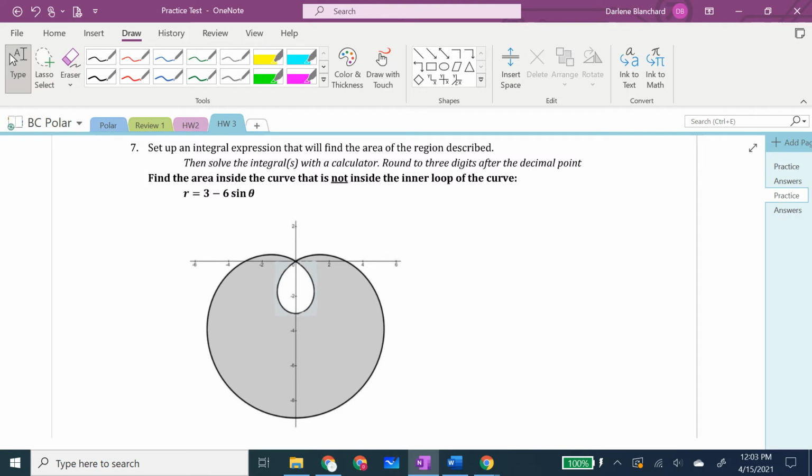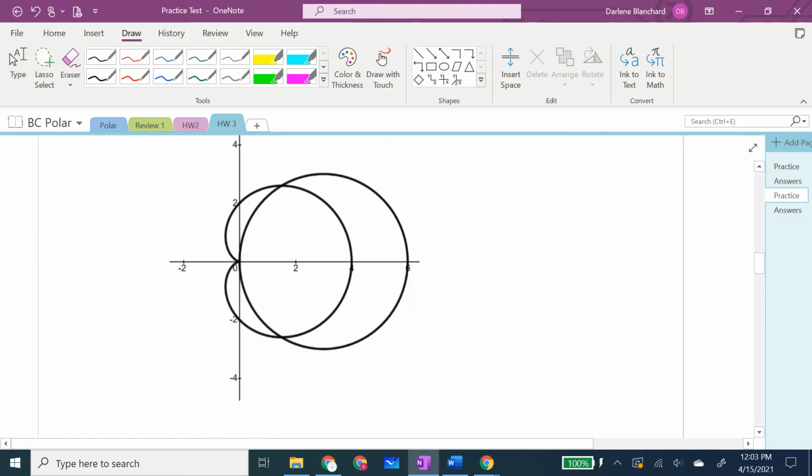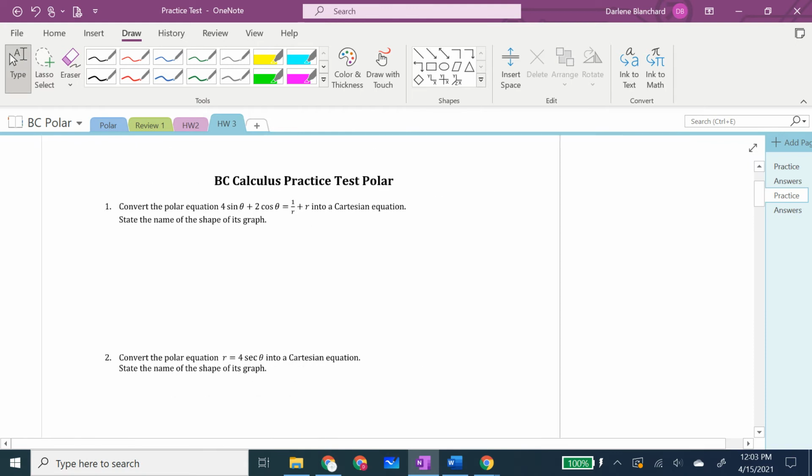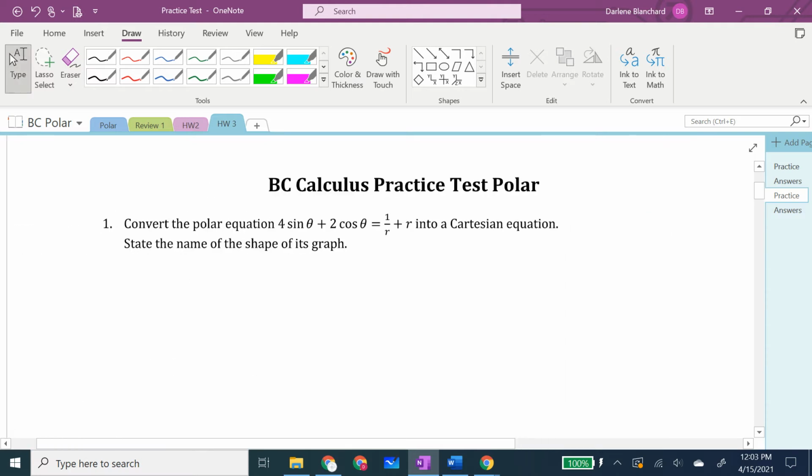Then the other 2 problems of the test are going to be, one problem will be like number 1 or 2. However, I'm not going to ask you for the name of the shape of the graph. All I'm going to ask you to do is convert from polar to Cartesian. And to do that, you need to know your right triangle formulas.